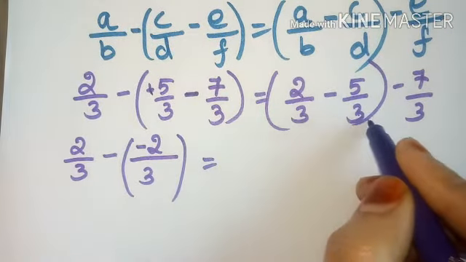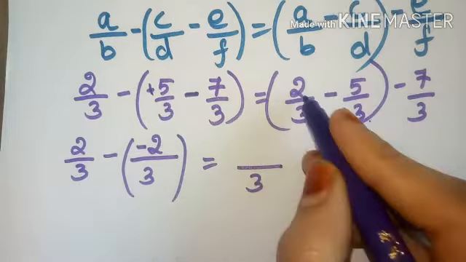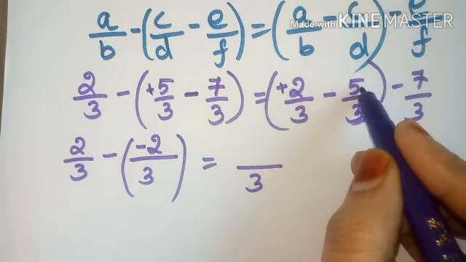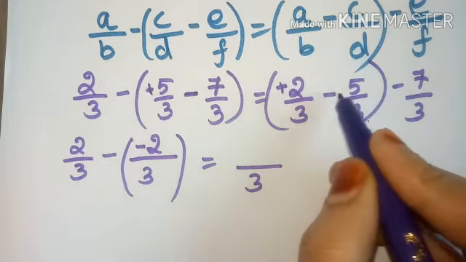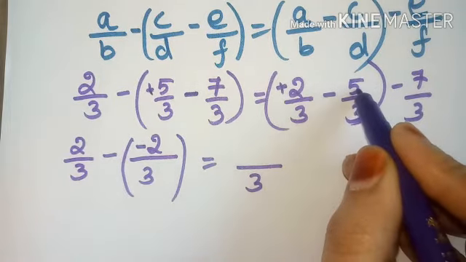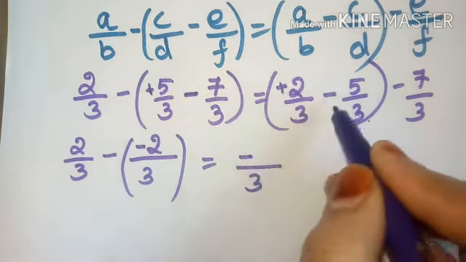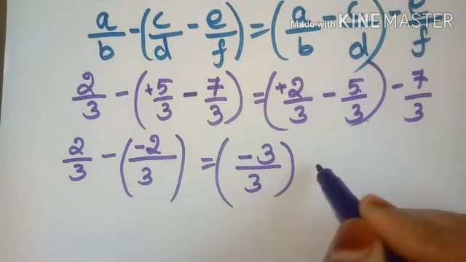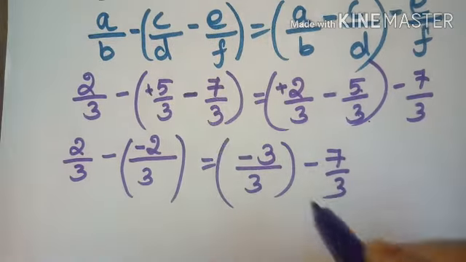Here also the denominators are same, so write 3. 2 minus 5. One term is positive and one term is negative. While subtracting we have to take the greater number, which is 5, so the symbol is minus. 5 minus 2 is 3. Minus 7 by 3.